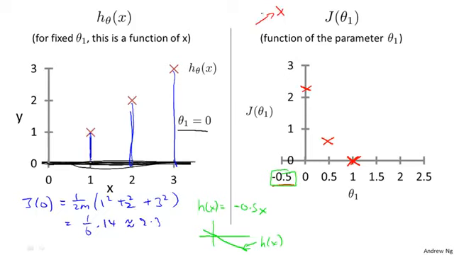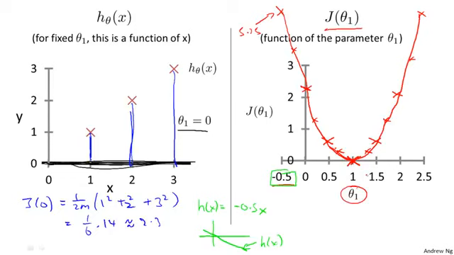It works out to be something like 5.25. And so on. And for different values of theta 1, you can compute these things, and you compute a range of values, you get something like that. By computing a range of values, you can actually slowly trace out what this function, J of theta, looks like. And that's what J of theta is.